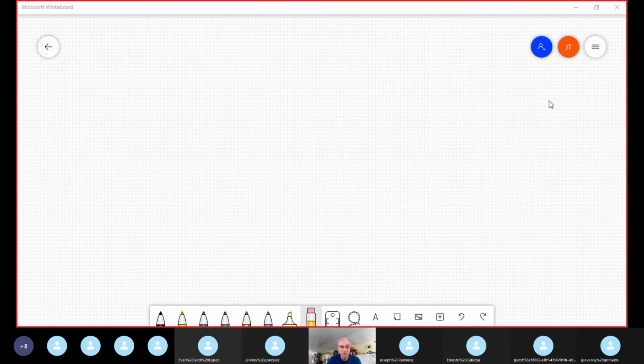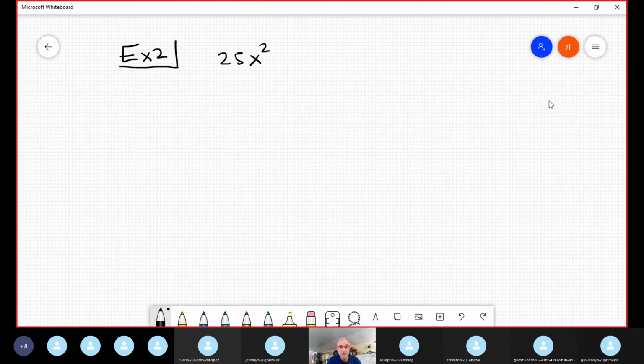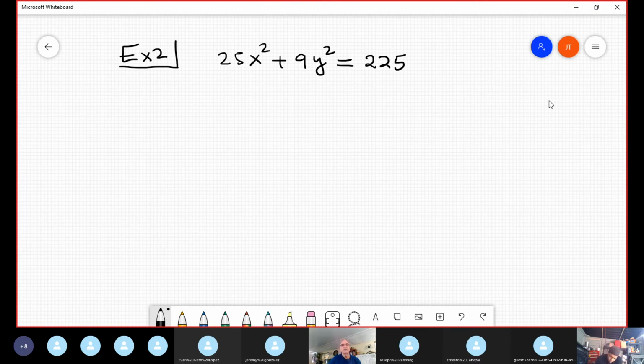Okay, let's move on to the second. Example 2 of the Ellipse is 25 x squared plus 9 y squared equal 225. Wow, what is that?